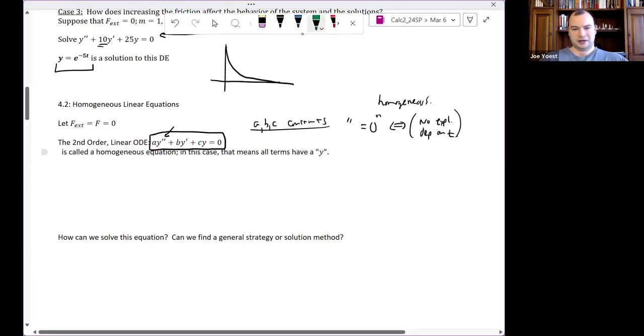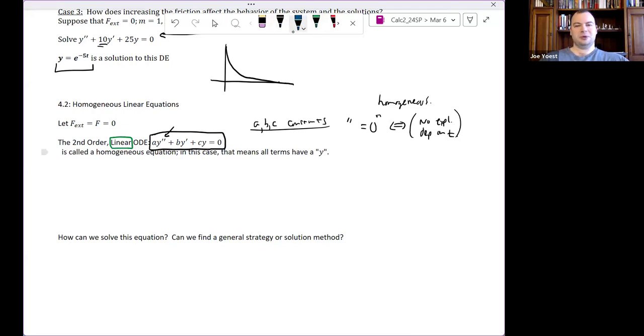So the last qualifier that we have to talk about is linear. Why is this a linear differential equation? This is actually a very important part of what we're going to be doing here, is the linearity, the linear nature. Remember that a linear operator, let's say O of ax plus by, it splits sums apart and constants can come out.